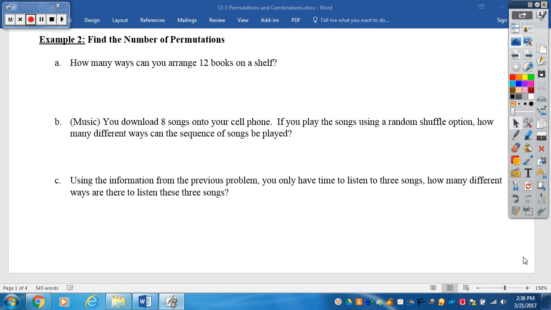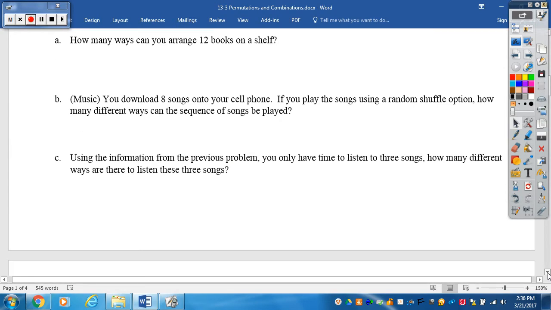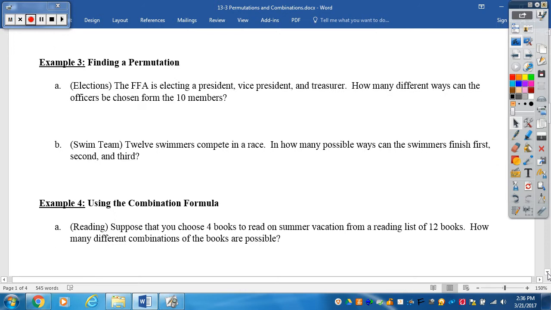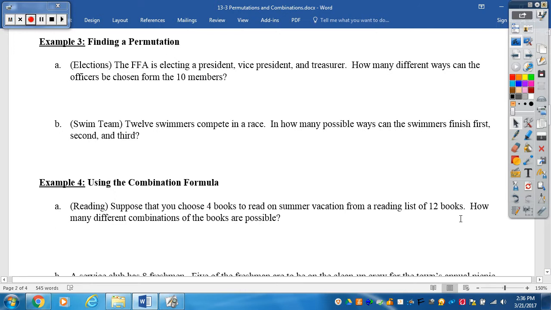Okay. Now, in looking at example number 3, here's what we have. Finding a permutation. It says here, the FFA election, permutation notation.